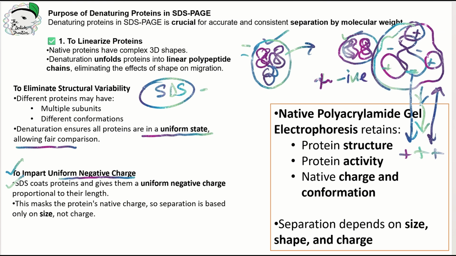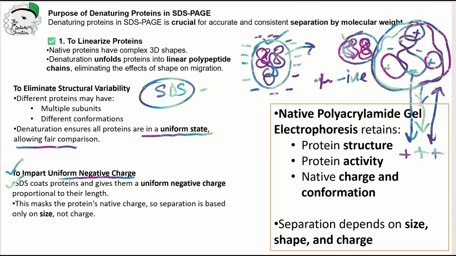This may disrupt the structure of the protein. To avoid this, the whole protein must have a single type of charge. So SDS provides a coating on the protein.